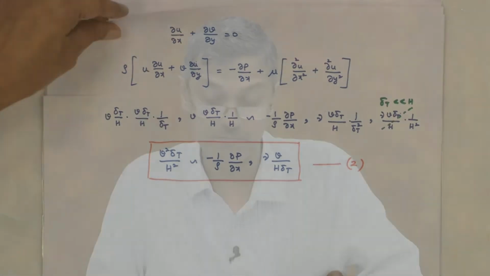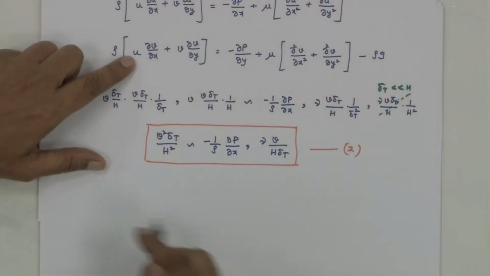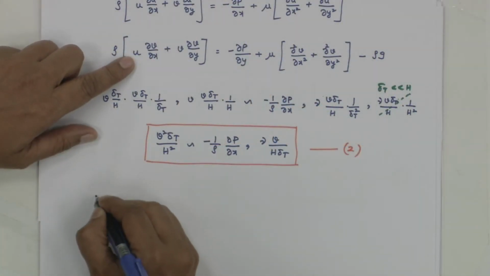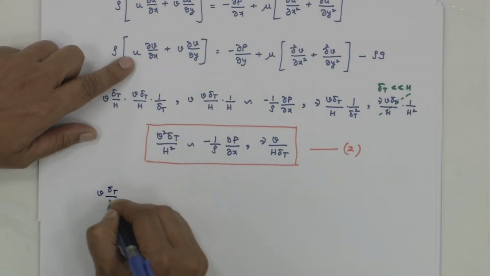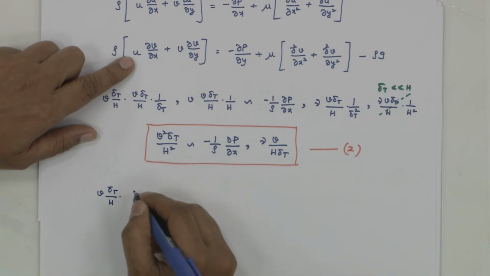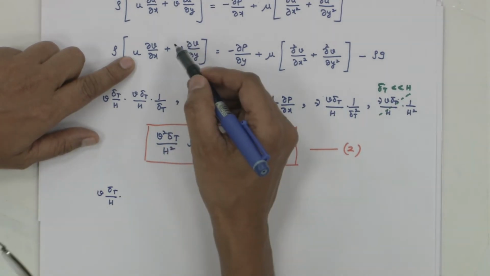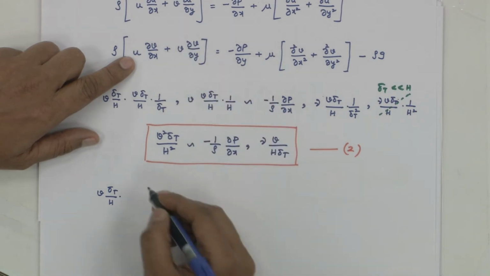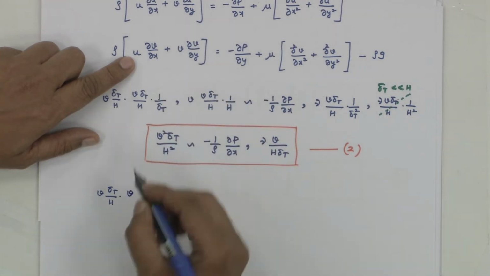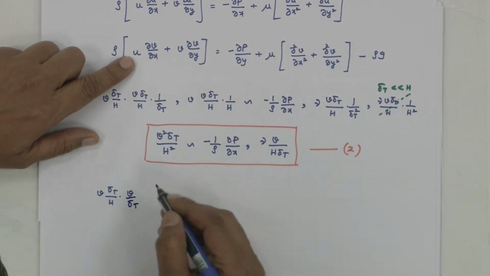So this is my second equation coming from the x momentum equation. Now let me take up the y momentum equation. The scale of u is V delta t by h, and the scale of v del v by del x will be V, and the scale of x is delta t.